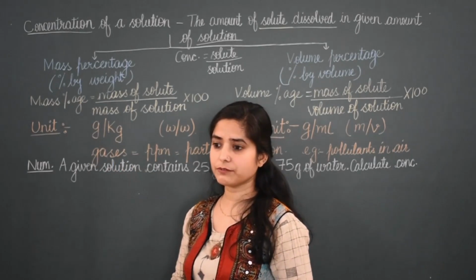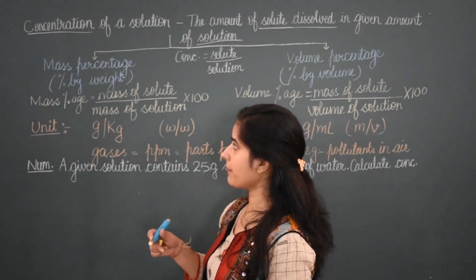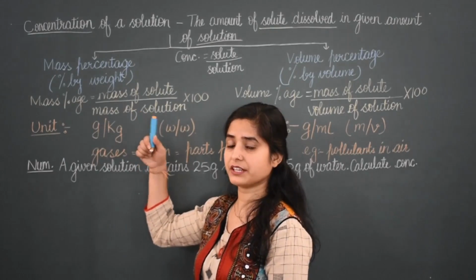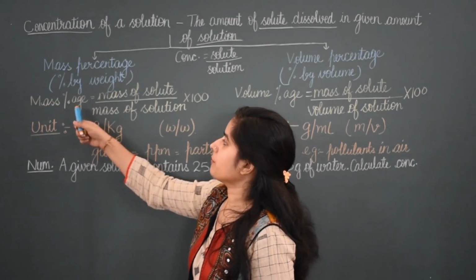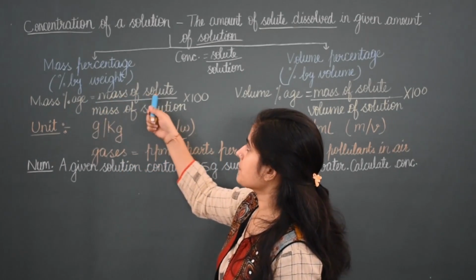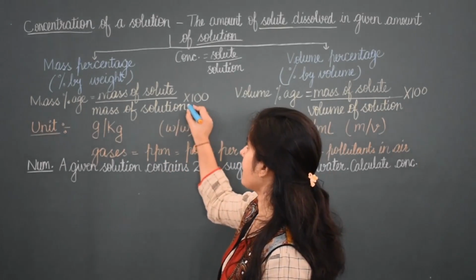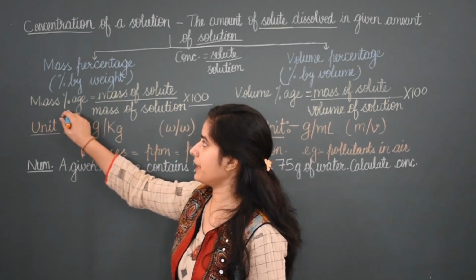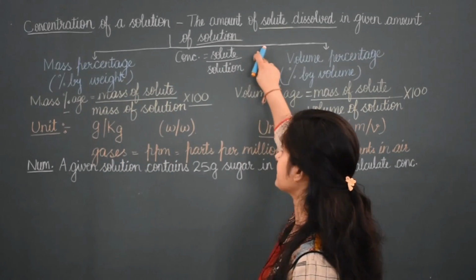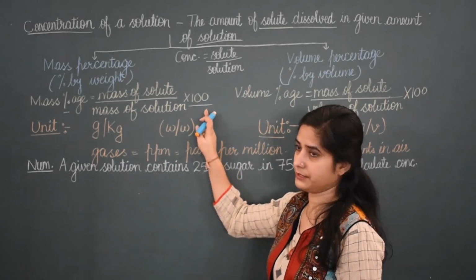When you write a formula, you have to write both the left hand side and the right hand side. So mass percentage is equal to mass of solute upon mass of solution into 100. This 100 is there to find the percentage.